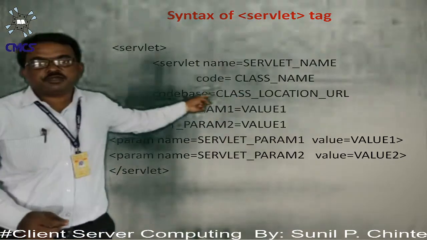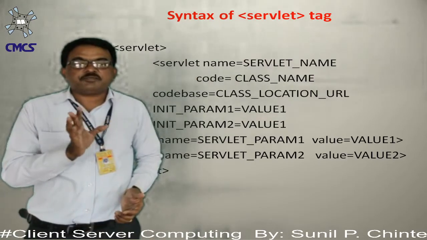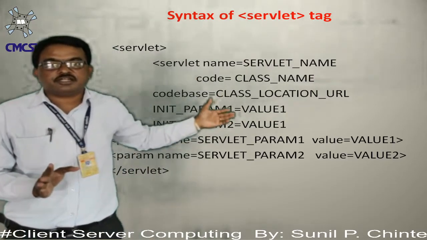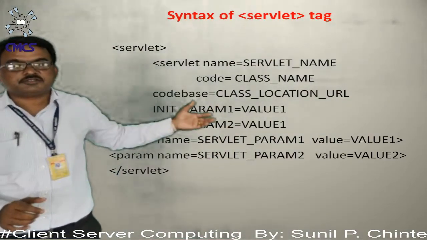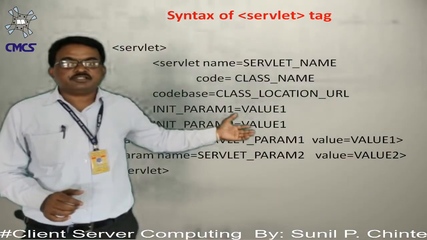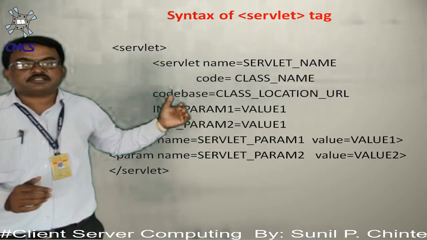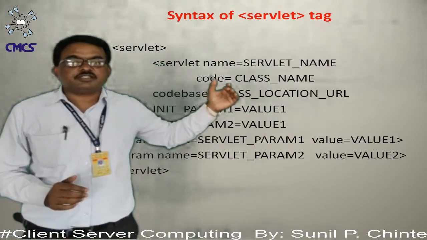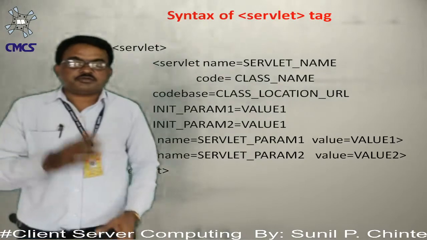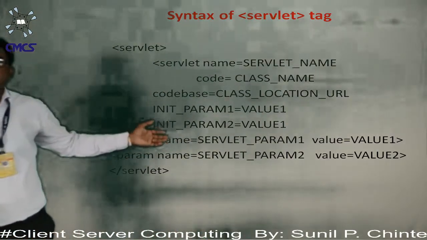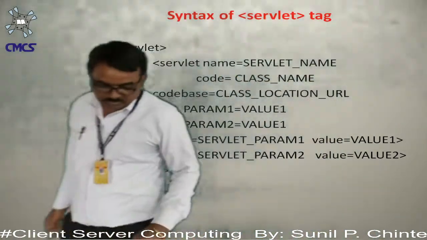Here the code is nothing but the name of the servlet class, and code base is the exact URL of your servlets. The parameters have their names and values, which are pair values. So this is the servlet tag with subtags like the servlet with the specified attributes, that is the name, code base. And another tag, that is the parameters, with the attribute names.